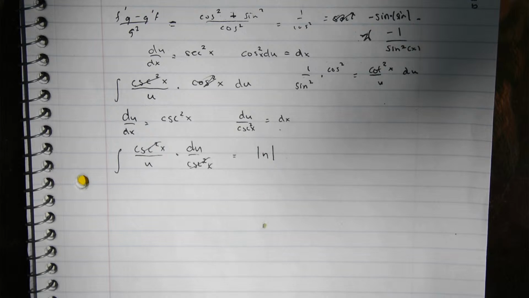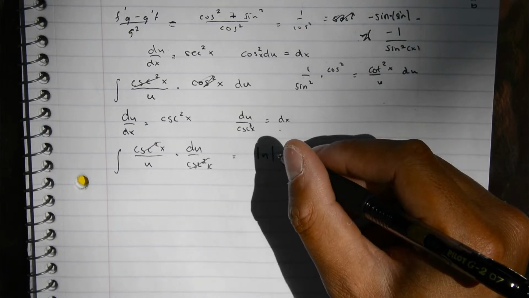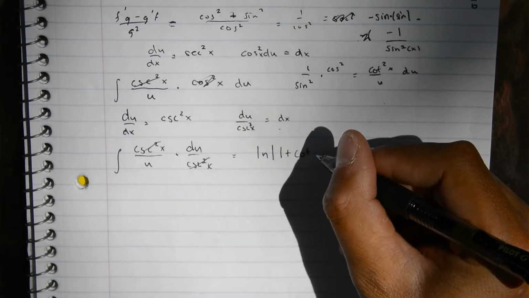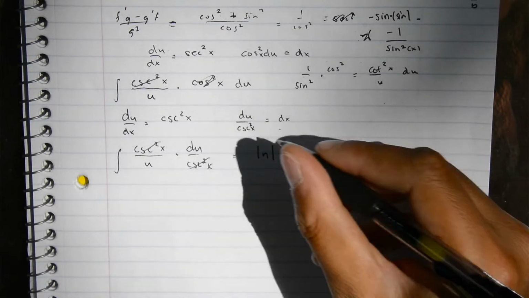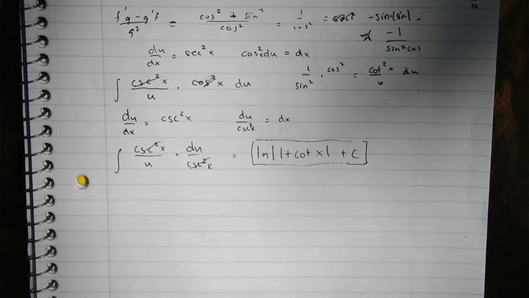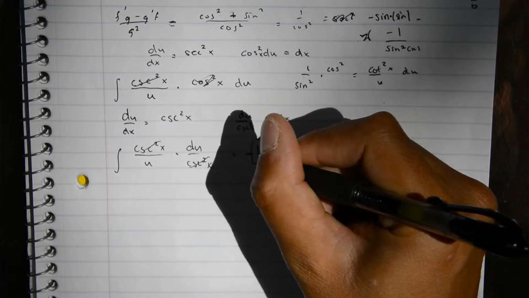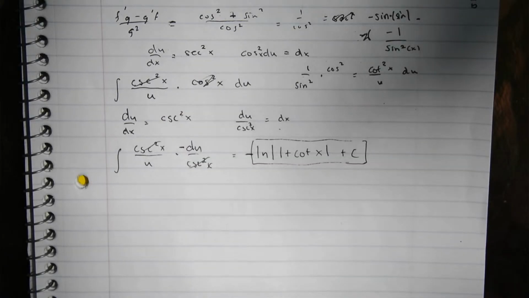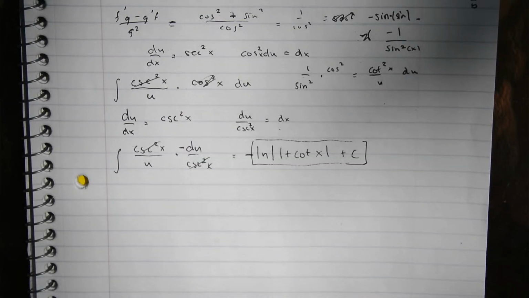See that bug? Okay, we get ln of 1 plus cot x plus c. Oh yeah, minus. All right.